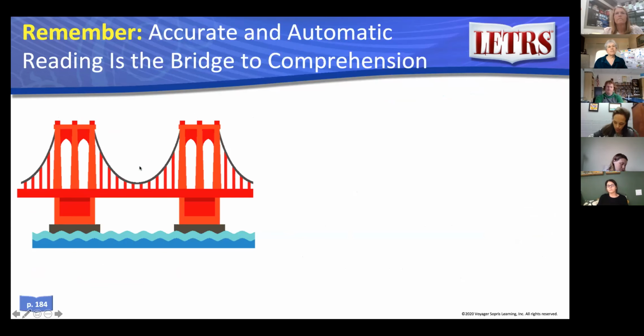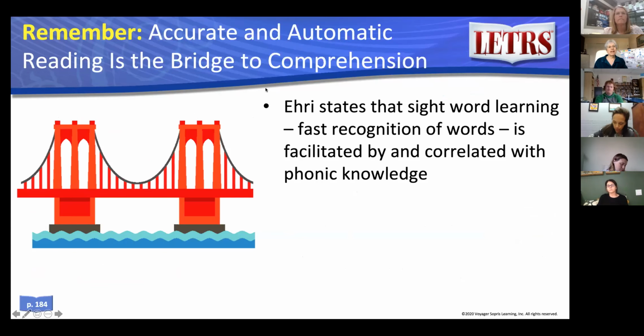Now, many of us hear about what's the reading bridge. And what Linnea really draws attention to is that sight word learning is the capacity to have a really efficient recognition of words. And how we get to that efficiency of words is how we facilitate and correlate those phonics components.